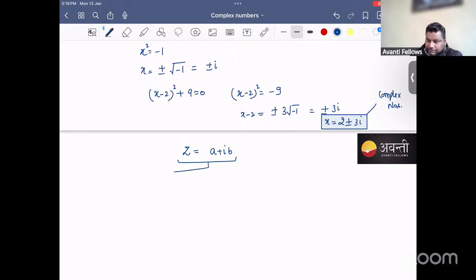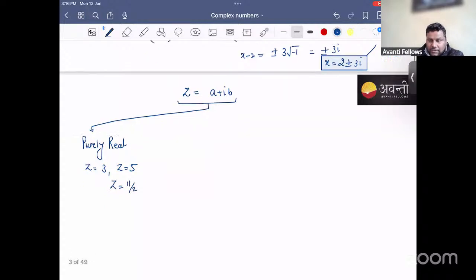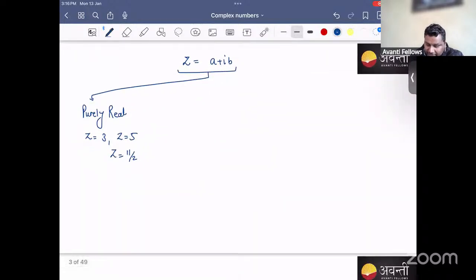Now, these complex numbers can be purely real. Purely real is like z equals to 3, z equals to 5, z equals to 11 upon 2, isn't it? So in that case, b goes 0. So if a complex number is purely real, that means b is 0.